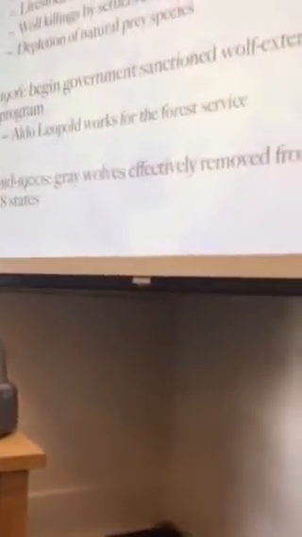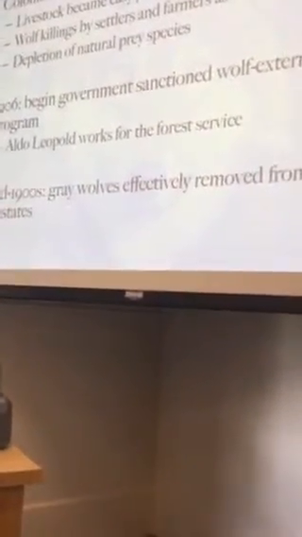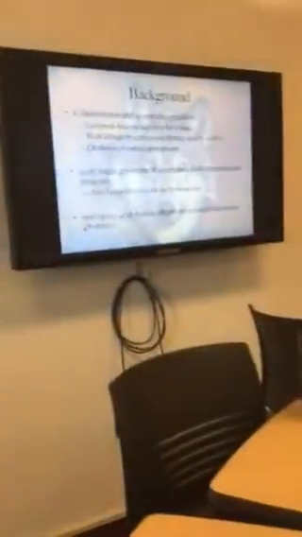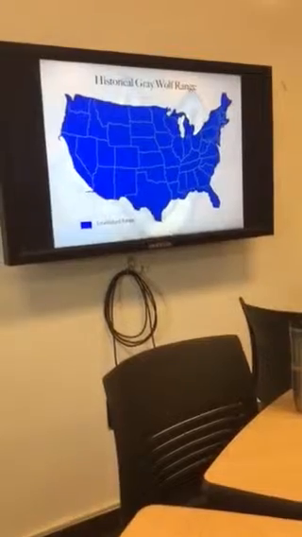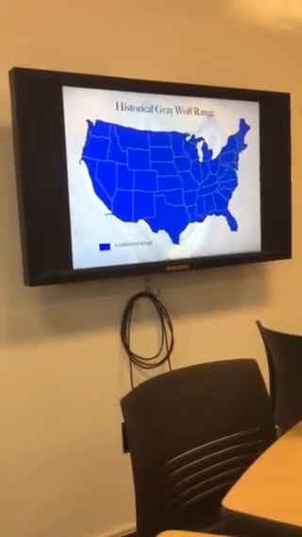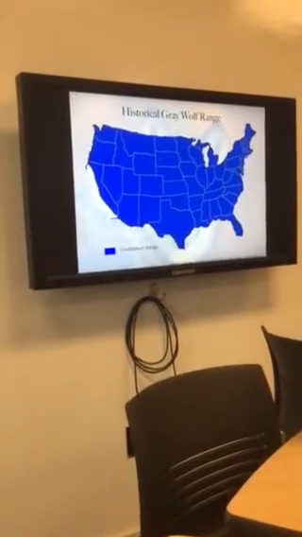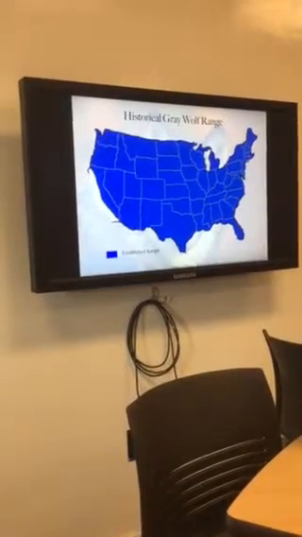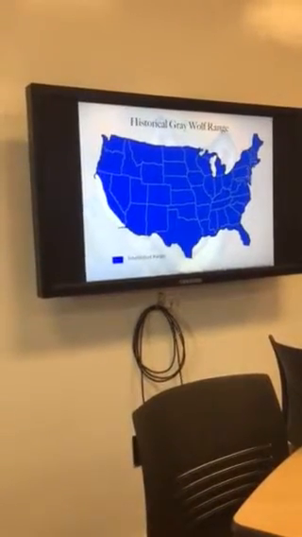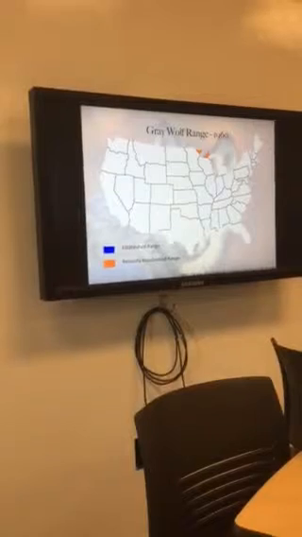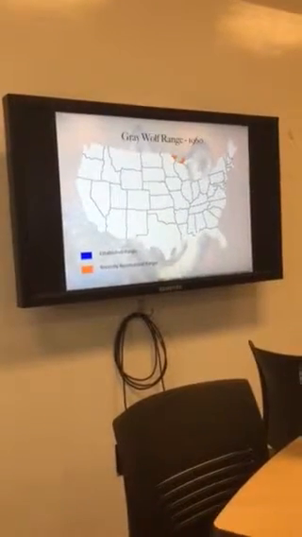The effect of this was that by the mid-1900s, gray wolves were basically gone from the lower 48 states. I have a map here of their historical range. As you can see, it's pretty much the whole thing except for coastal California for some reason. I haven't gotten into that, but maybe we can talk about that later. And by 1960, they're basically gone.